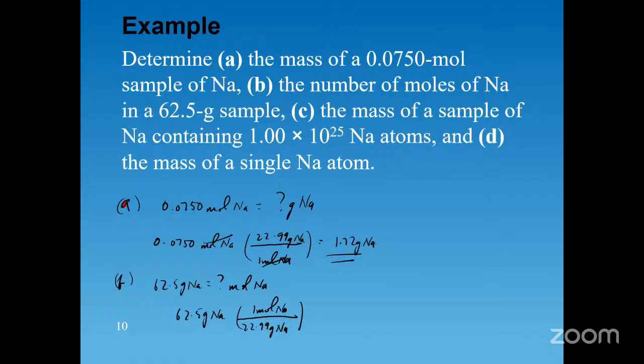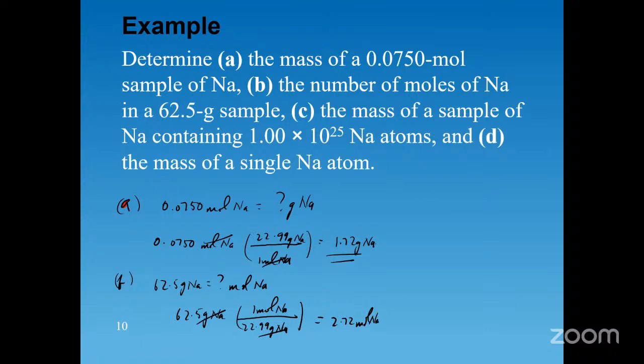And that is indeed correct, because this will cancel with this in terms of the units. So the answer would be 62.5 divided by 22.99, and the answer I got is 2.72 moles of sodium. Okay, very good.